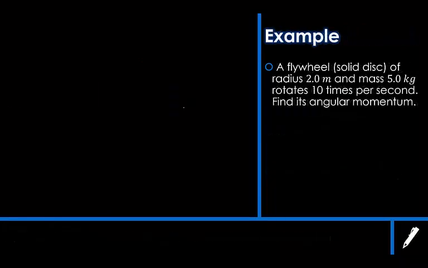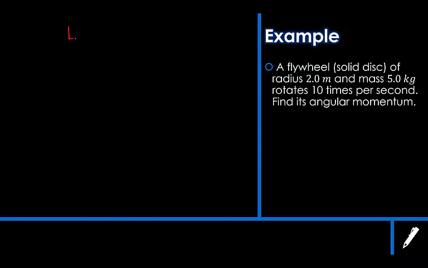So here's a basic example of how we can apply the definition of angular momentum. We have a flywheel, a solid disk of radius 2 meters and mass 5 kilograms, and it rotates 10 times per second. Find its angular momentum.